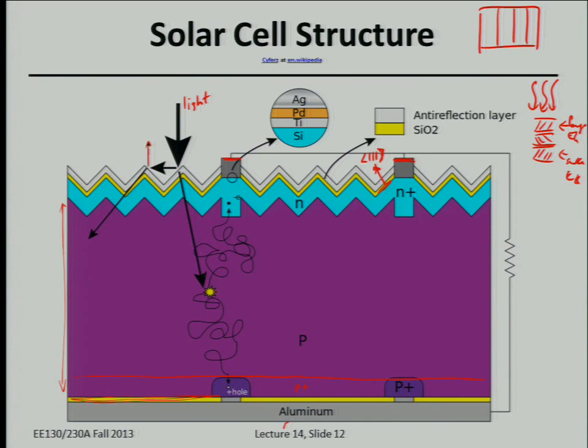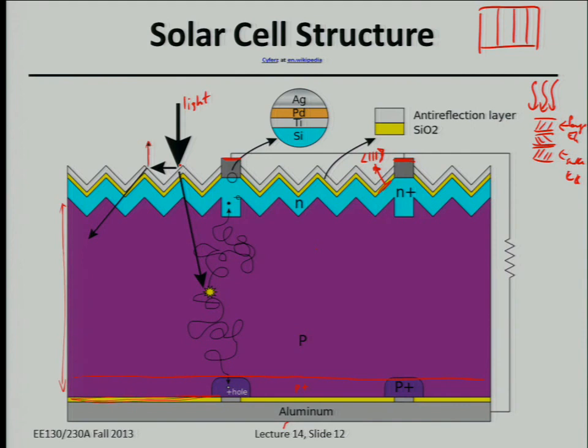How does the light come to the bottom? Okay, so there are a lot of photons. Not every one of them will interact with an electron hole pair near the surface. So there's this typical characteristic length called the absorption length.